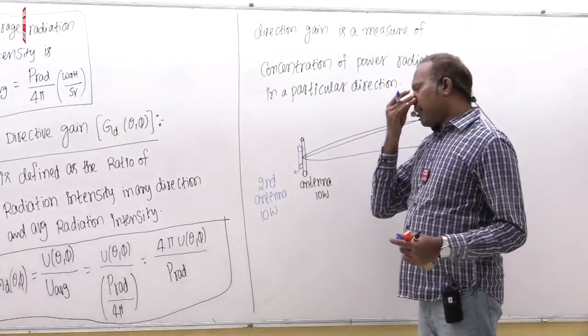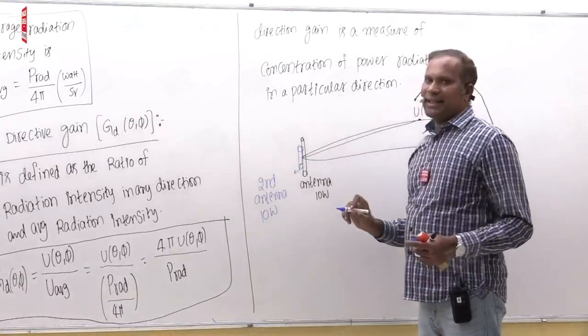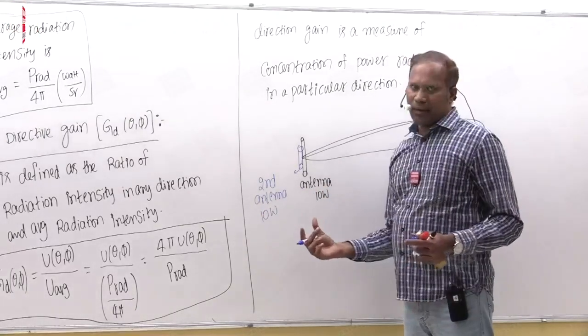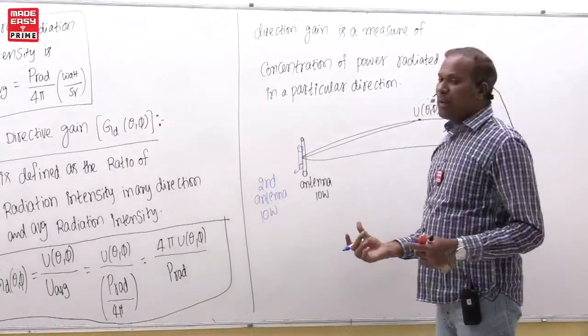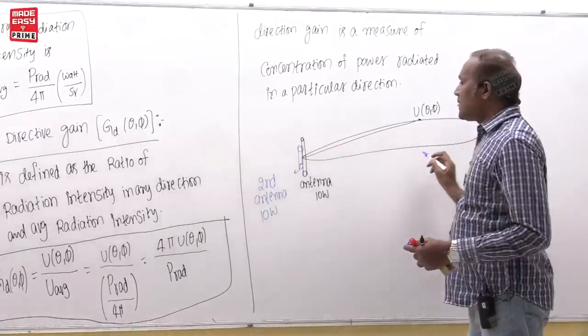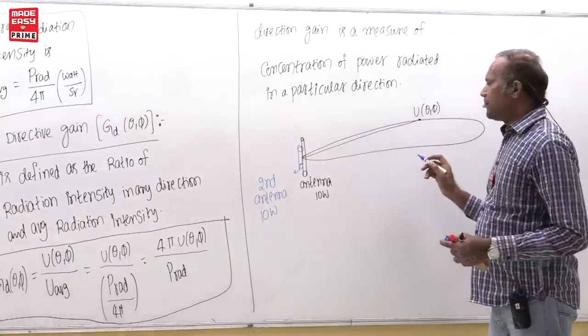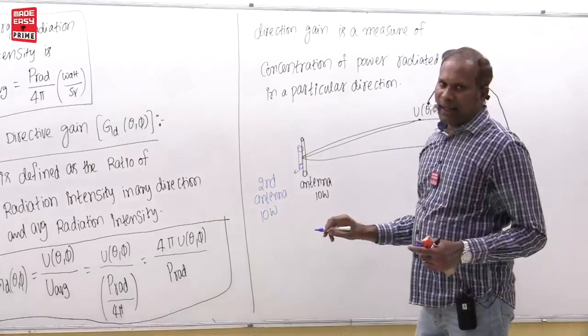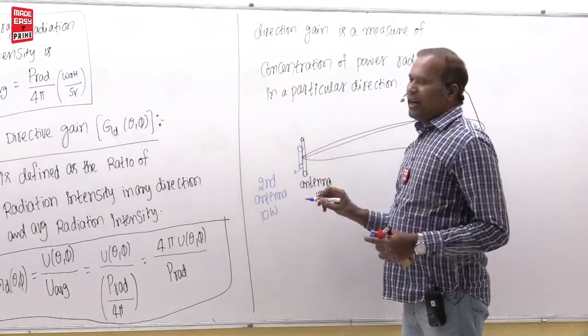Assume both antennas are lossless antennas, and for both the same power is given. Assume this black antenna is a directional antenna, that means it radiates only in a particular direction. Assume that this blue one is an isotropic antenna, it radiates equally in every direction.